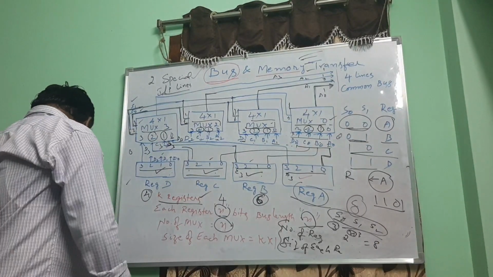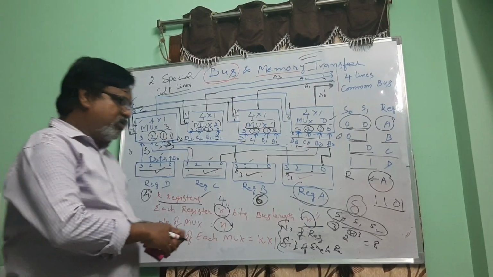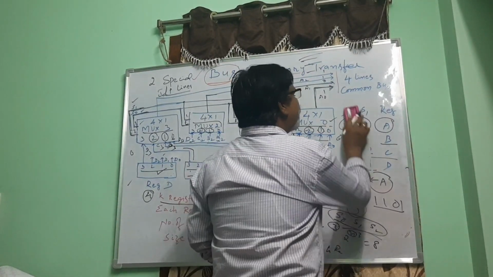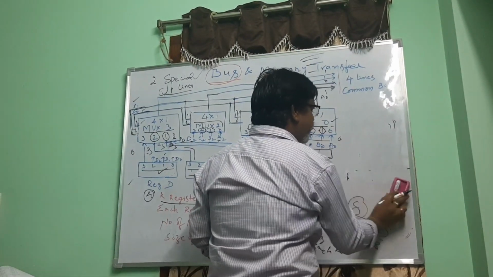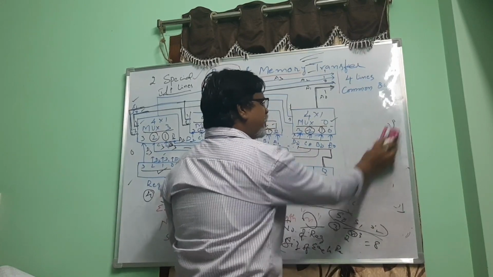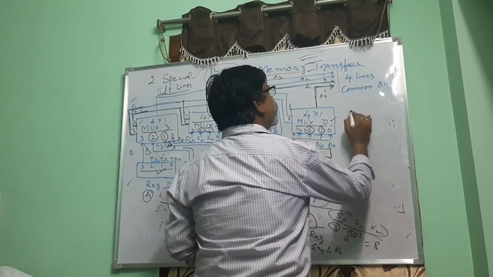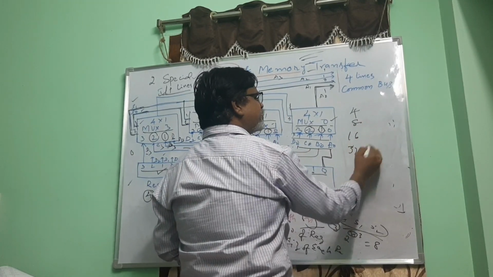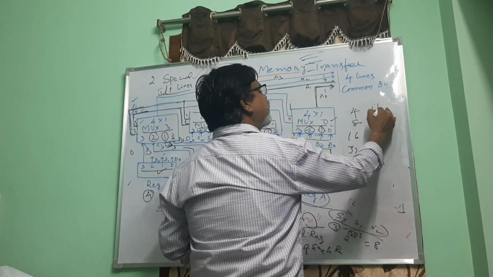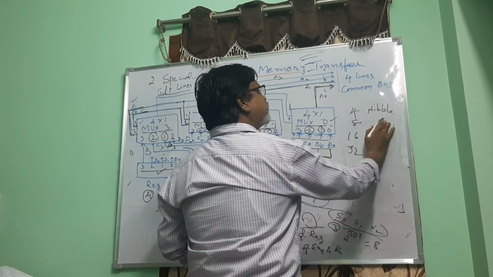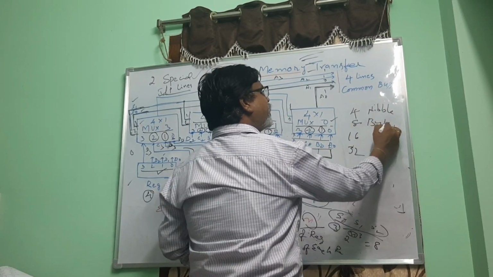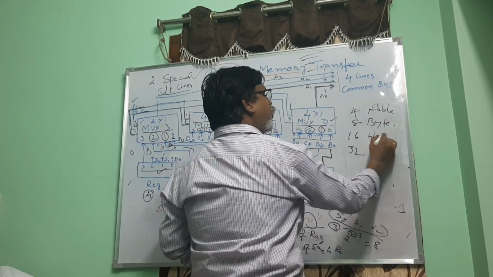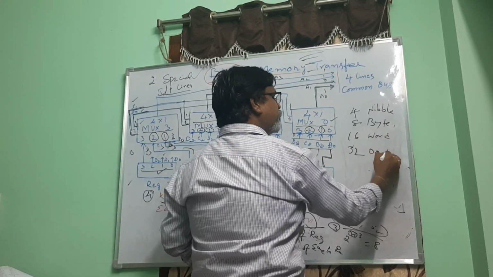At the very beginning of this unit, I told you that the length of the registers will be 4 bits, 8 bits, 16 bits, 32 bits, like that. So this is represented as nibble, this is represented as byte, this is represented as word, this is represented as double word.